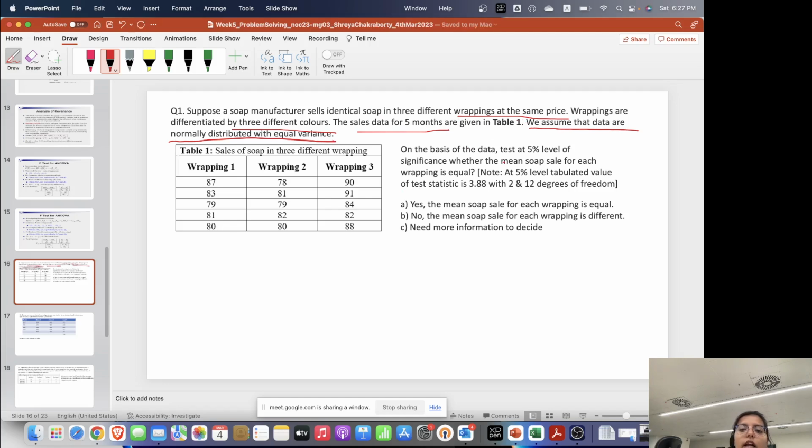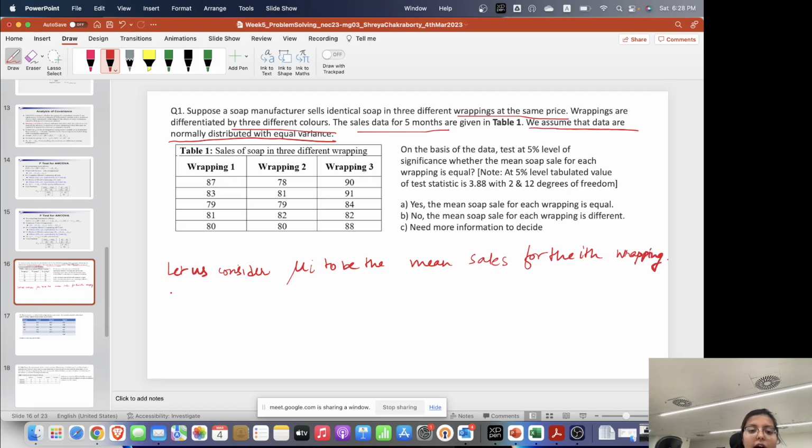On the basis of the data, we have been asked to test at 5% level of significance whether the mean soap sale for each wrapping is equal. So, the hypothesis is that let us consider mu i to be the mean sale for the ith wrapping.